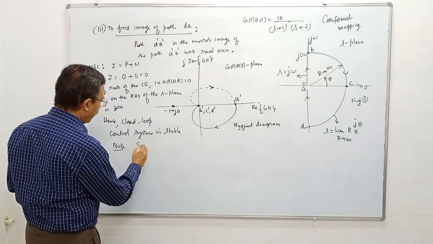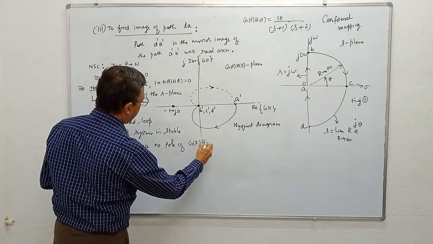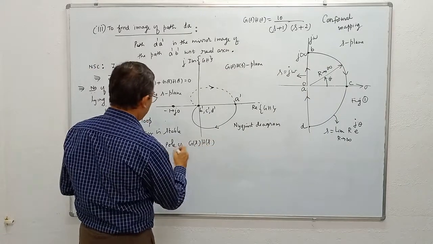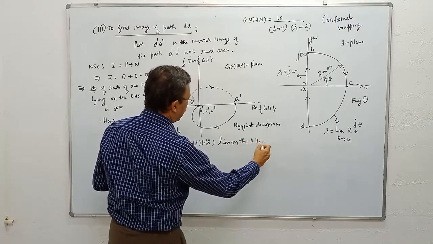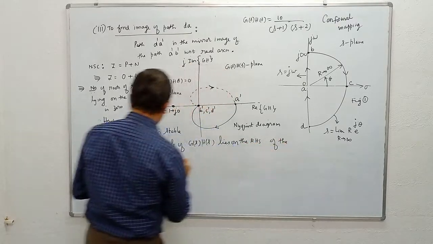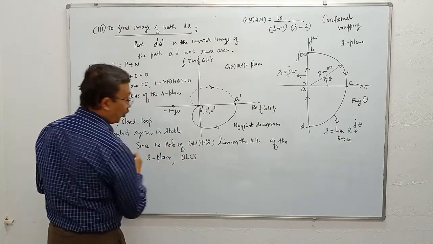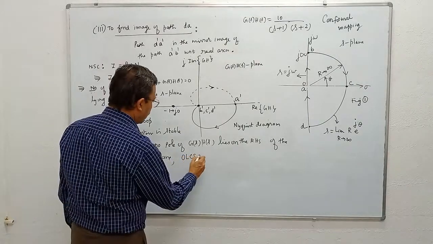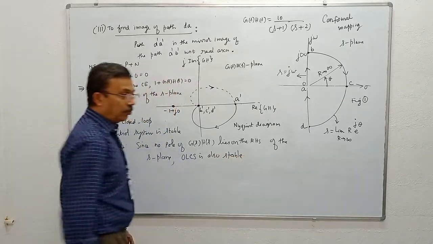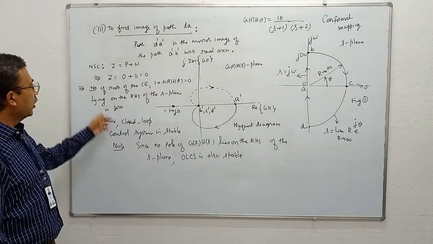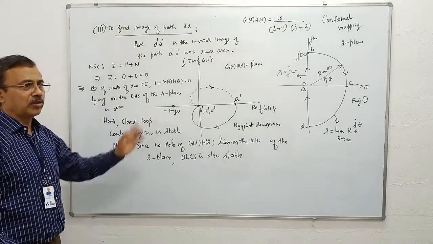Since no pole of G of S, H of S lies on the right hand side of the S plane, the open loop control system, OLCS, is also stable. So if accidentally the feedback loop becomes open, the system is still stable. If the feedback loop is closed, the closed loop system is stable. So open loop stable, closed loop stable, an excellent system.